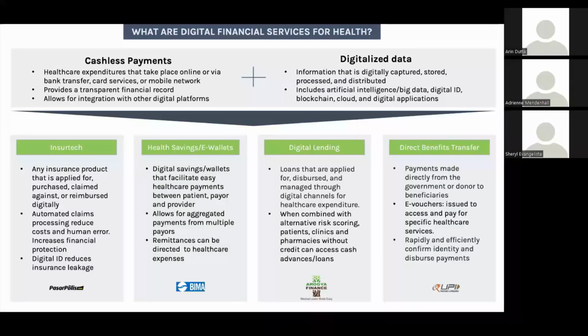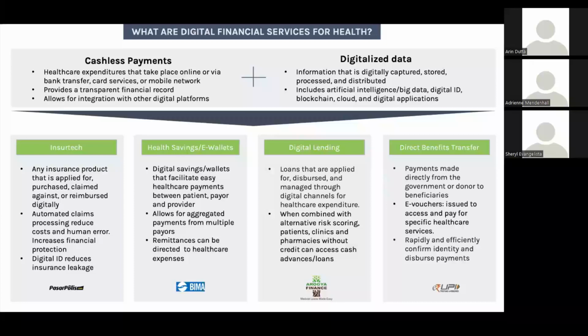As governments were rolling out these benefit systems, they needed a way to do so. And governments who had digital direct benefits transfer in place were much better placed to ensure that that money was dispersed quickly and people could avail of the funds right away.